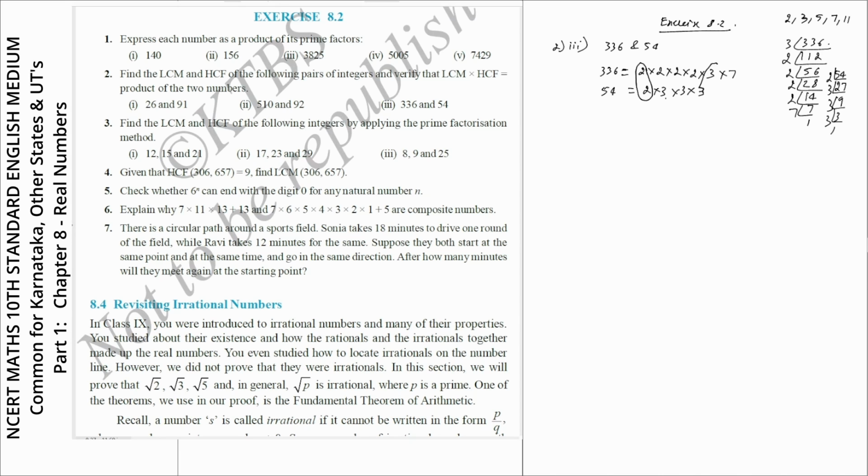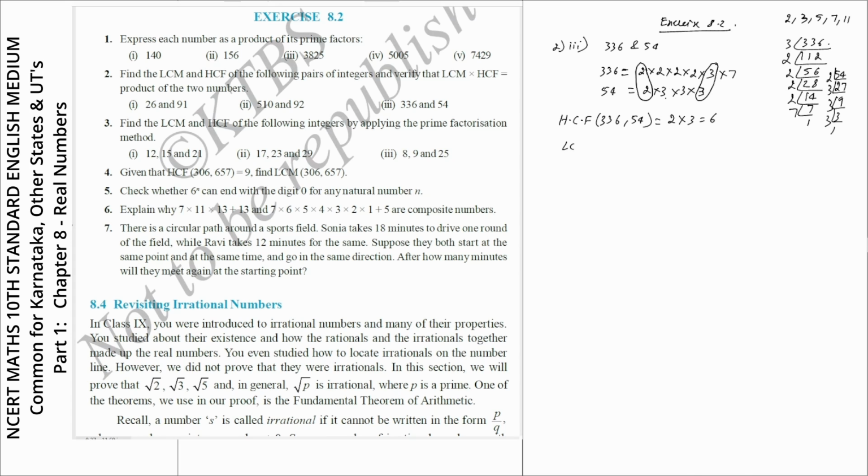HCF means highest common factor. For 336 and 54, there are two factors which are common, so we should multiply those two. So 2 into 3 is equal to 6. So the HCF of these two numbers is 6.